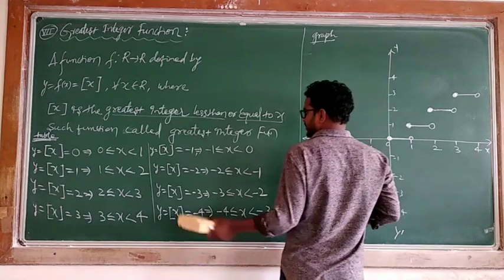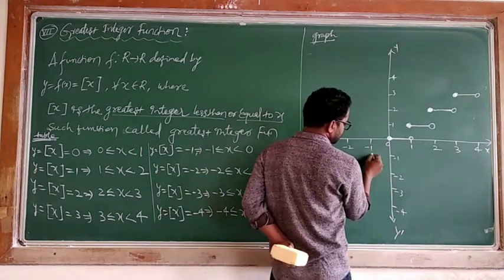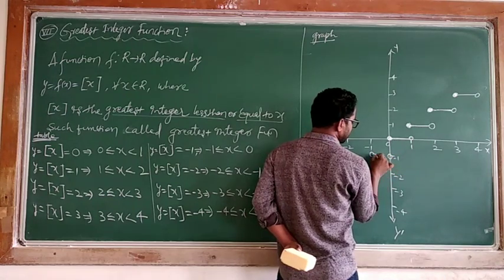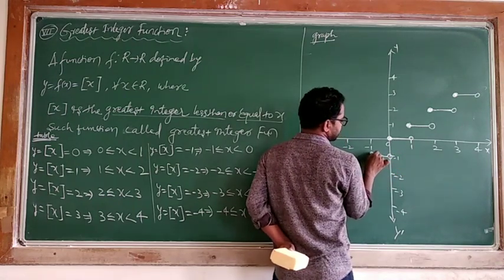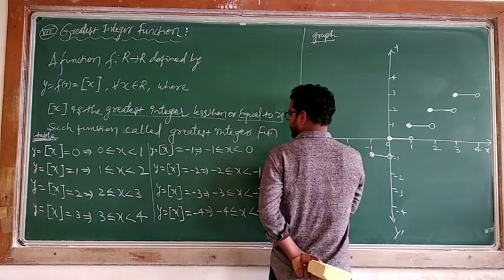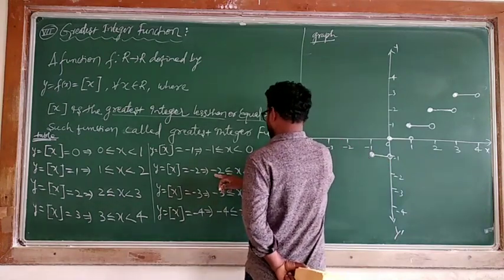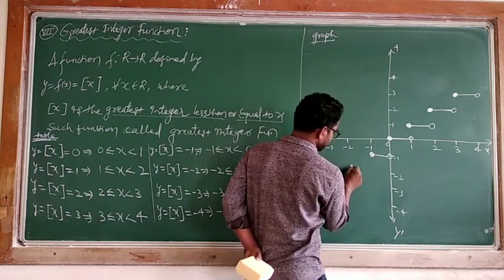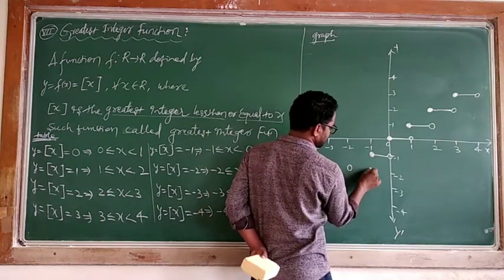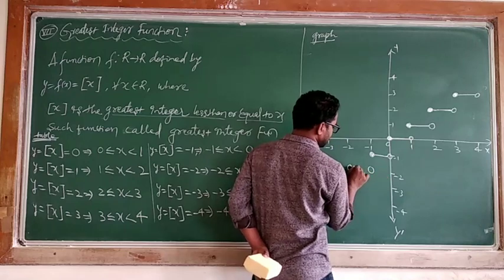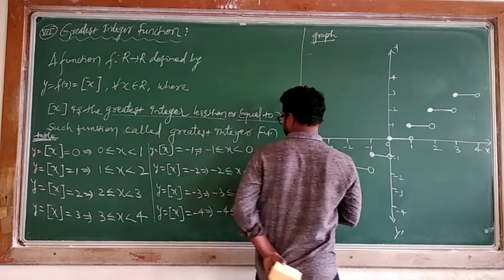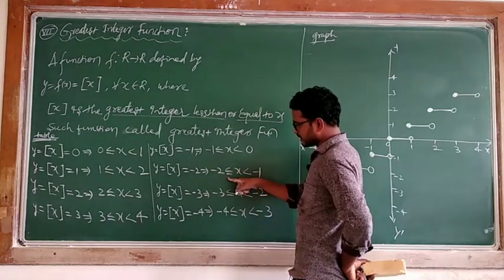Now, for minus 1 to 0, the value is minus 1. Then for minus 2 to minus 1, the value is minus 2; minus 2 is included, since it is lesser than or equal to.